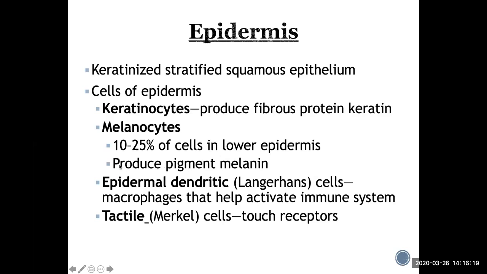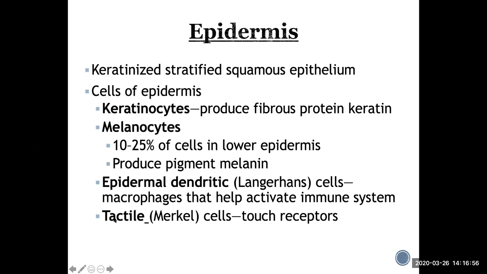People with darker skin don't necessarily have more melanocytes. Instead, the melanocytes that they have produce more melanin. We all have roughly the same number of melanocytes. We also have epidermal dendritic cells, which are for immunity or protection against pathogens in case of injury. These epidermal dendritic or Langerhans cells are macrophages, which means that they're large and they eat pathogens through phagocytosis.